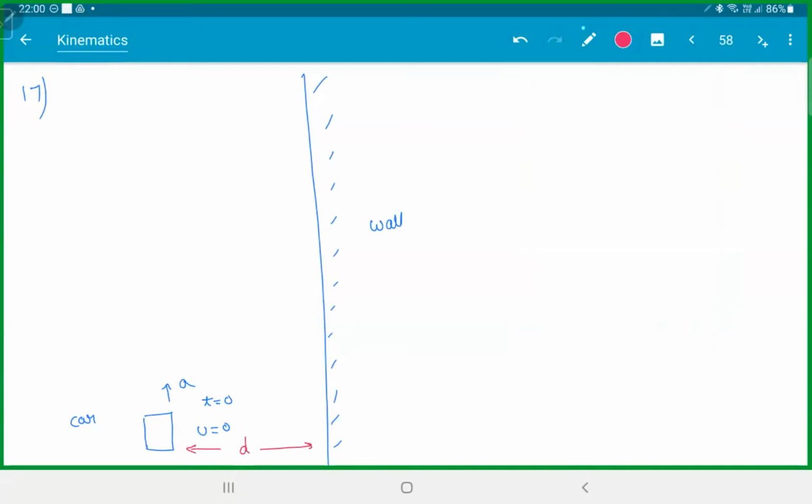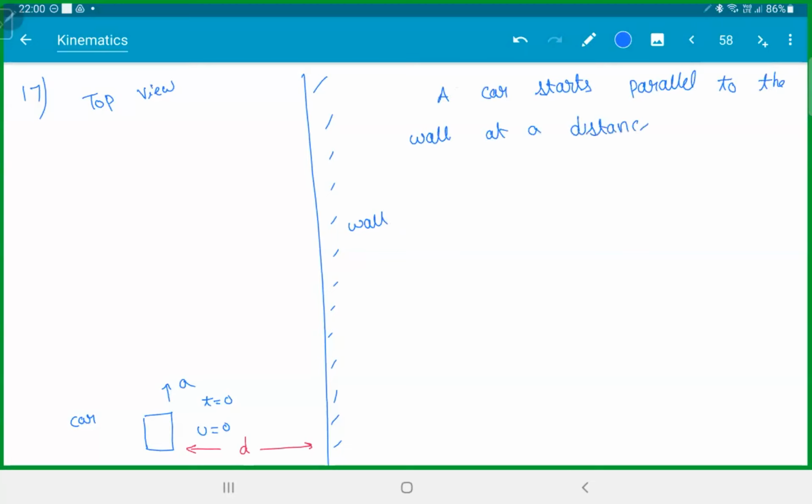This is the top view, as if you're seeing this from a drone. So a car starts parallel to the wall, at a distance d, as shown.